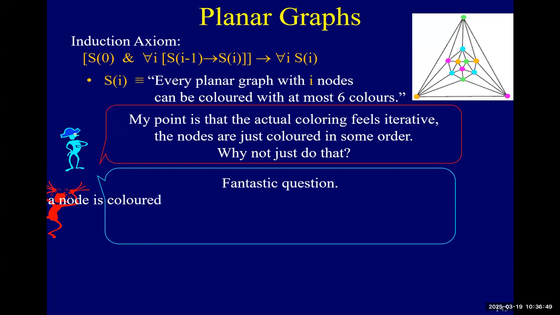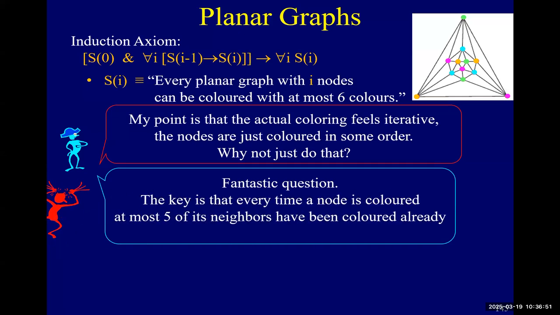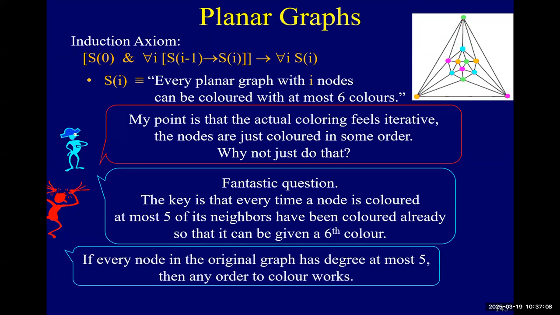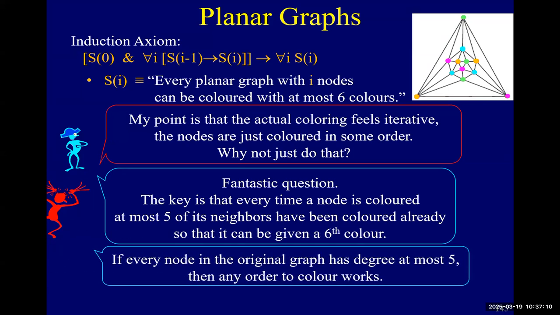Why not do that? Fantastic question. The key is every time a node is colored, we have to make sure that it's degree 5, right? When you're giving it a color, the smaller graph has to have degree 5, right? So you have to do it in an order in which that's always true. All right, so suppose you have a graph.